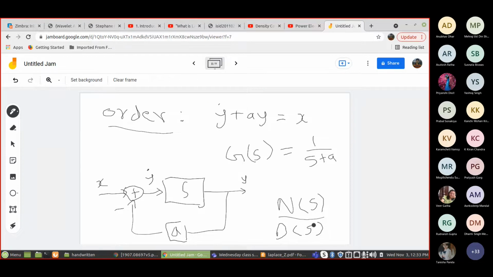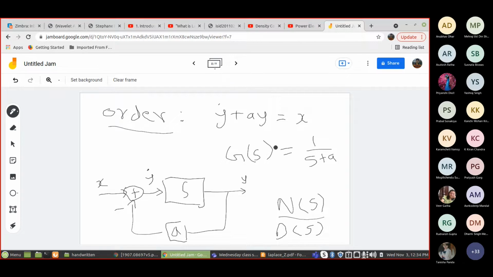That is always the underlying assumption. So this is the realization of the first order system. You can similarly realize second order systems also, it just requires a little bit of work.